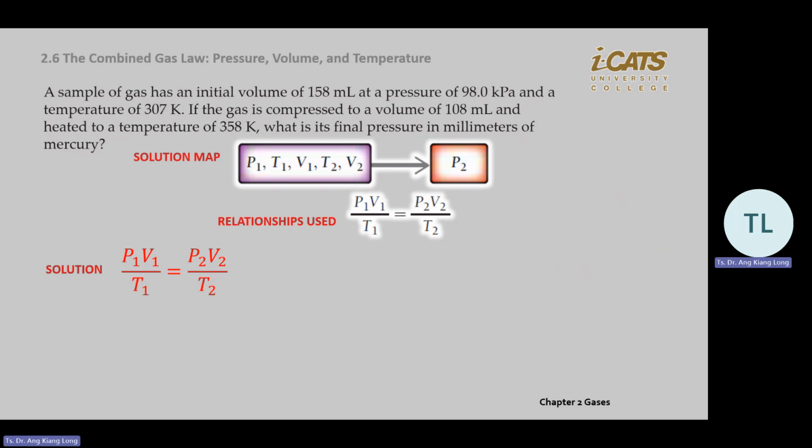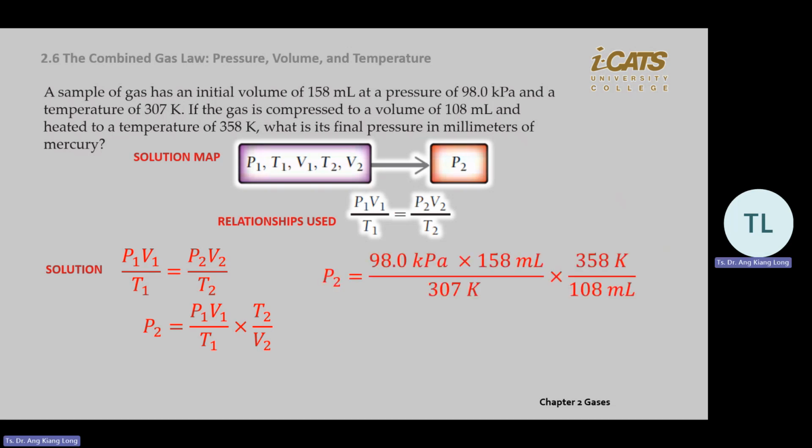We use the combined gas law. Rearrange the equation. Substitute the values. Just need to be careful with the units. In the test, we will use Celsius. I keep reminding you. We will give you Celsius, and we'll use powers of 10 in the question, so you need to be good at conversion of exponential numbers.